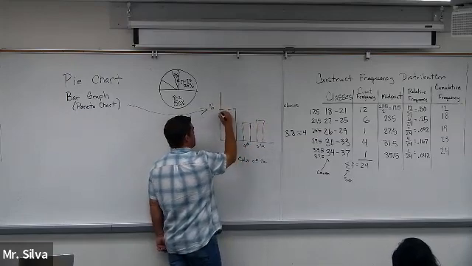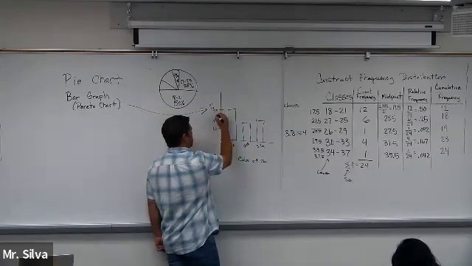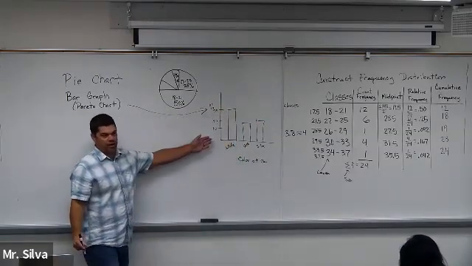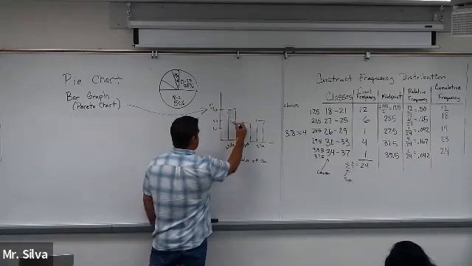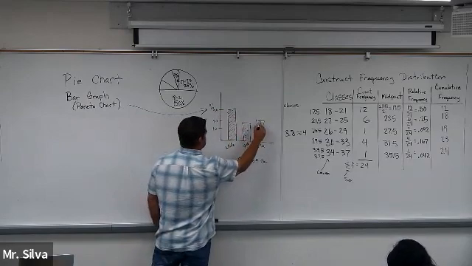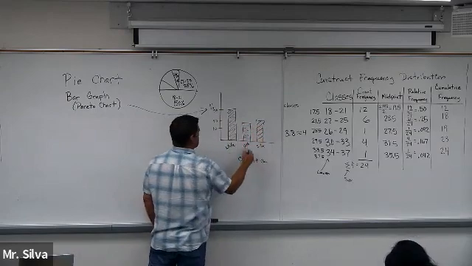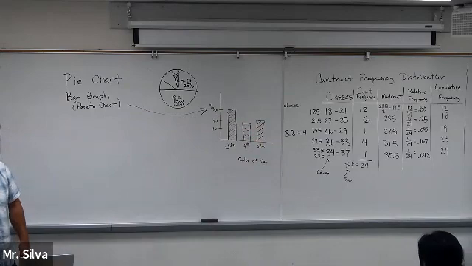What percent of cars? 10, 20, 30. So that's a bar graph. And sometimes a bar graph has coloring on it, just to make it stand out a little bit.